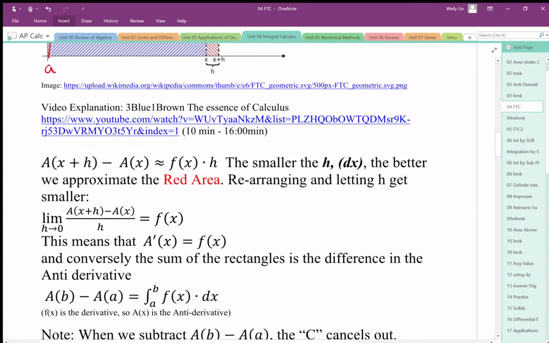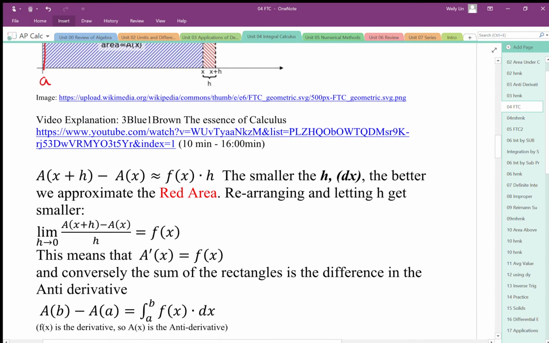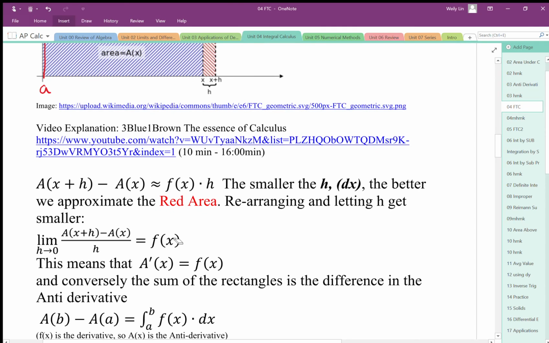And so that's the idea here. Basically, we're saying that this small change in area is equal to f of x times h, right? They're using a little bit different notation here. And that red area, we can rearrange this expression into change of A, and then divide it by h. Okay, there's my change of A divided by h, and if I use a limit, I'm going to get f of x.